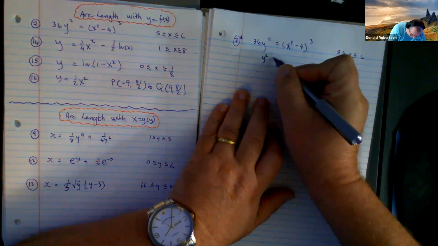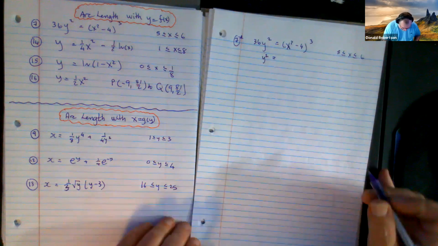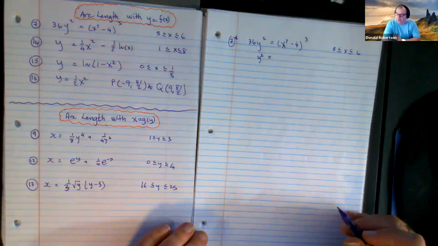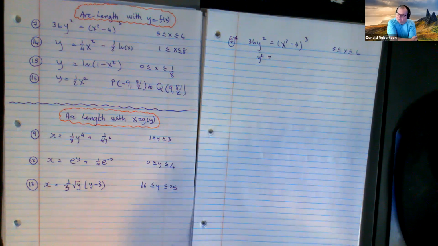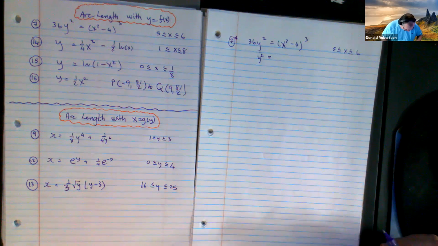So we're going to use a method that is quite common for solving all sorts of situations. As long as you do it to both sides, it's okay rule. So that's what I'm going to do. So what should I do to both sides here? To get y squared, what should I do to both sides?